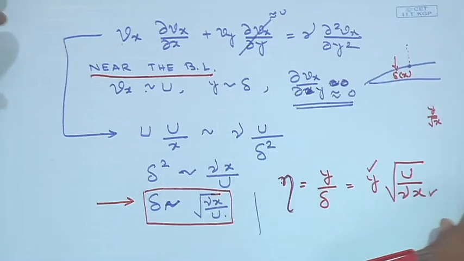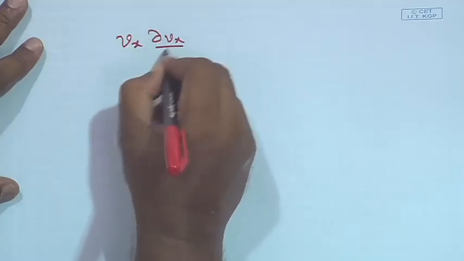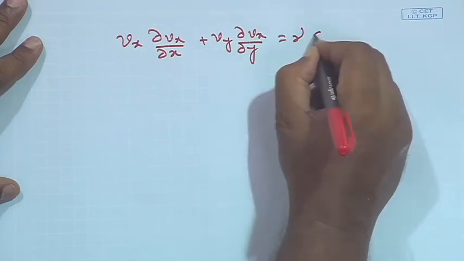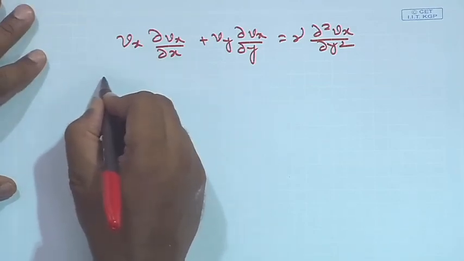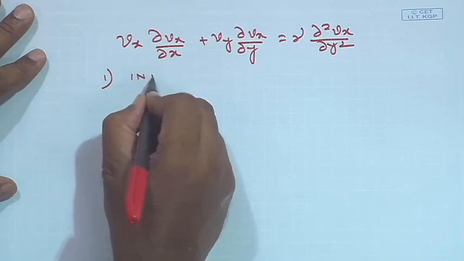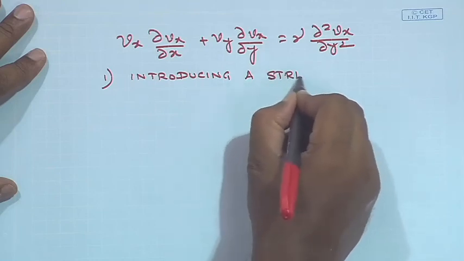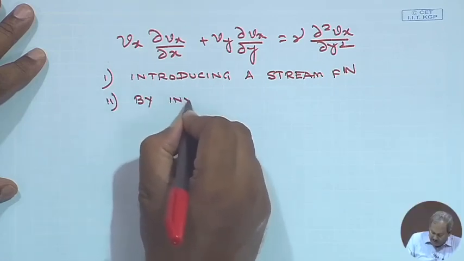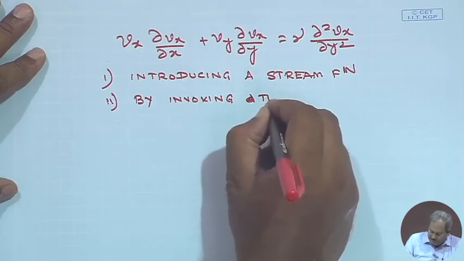So, therefore, the equation that I have over here, the equation of motion, Vx del Vx del x plus Vy del Vx del y is equal to nu times del square Vx by del y square, can now be handled first by introducing a stream function, and second by invoking the method of combination of variables.